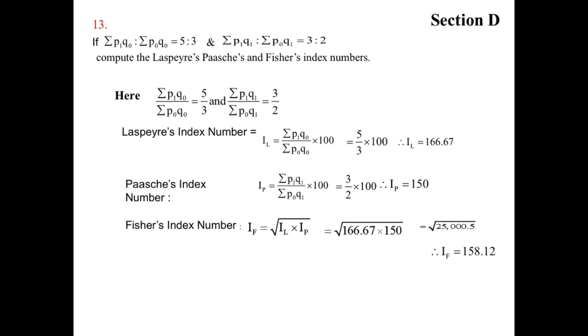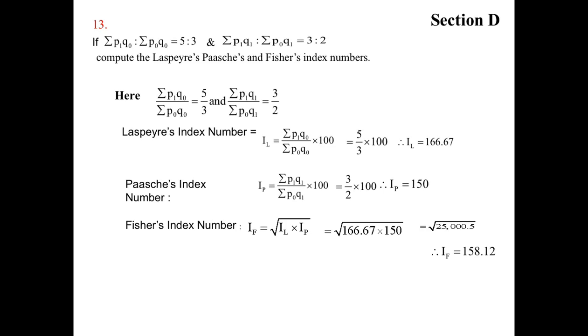So we put it in this manner: sigma P1 Q0 upon sigma P0 Q0 is equal to 5 by 3, and sigma P1 Q1 upon sigma P0 Q1 is equal to 3 is to 2. So sigma P1 Q0 upon sigma P0 Q0, this is the equation for Laspeyres index number. So simply put this figure in the Laspeyres index number.